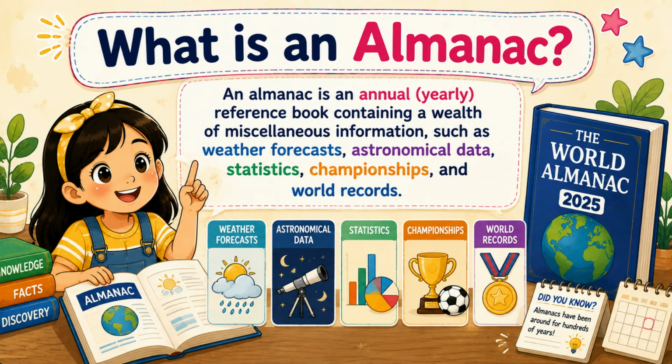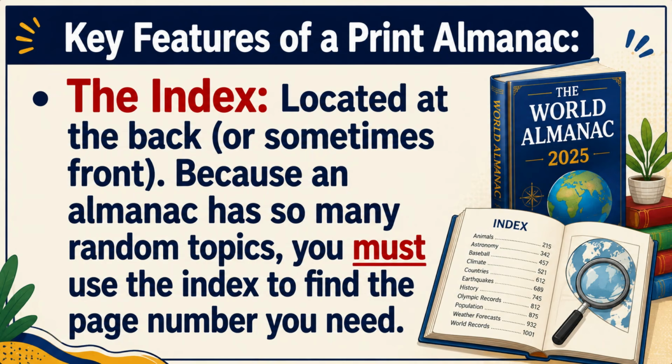What is an almanac? An almanac is an annual or yearly reference book containing a wealth of miscellaneous information such as weather forecast, astronomical data, statistics, championships, and world records. Here are the key features of a print almanac. The index, located at the back or sometimes front.